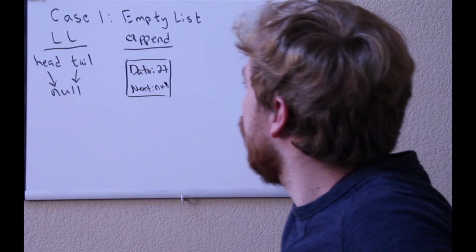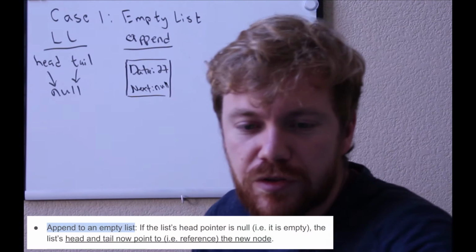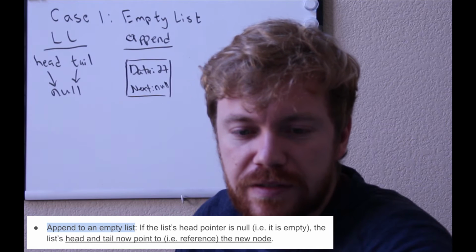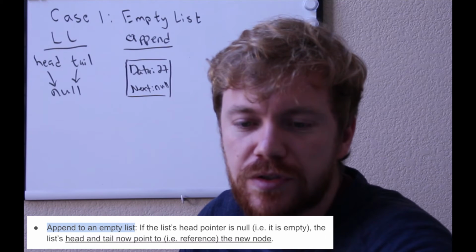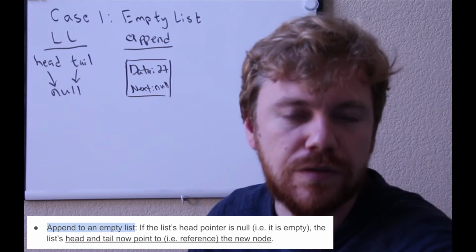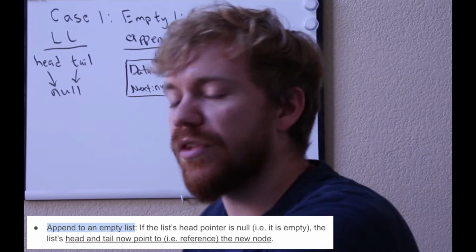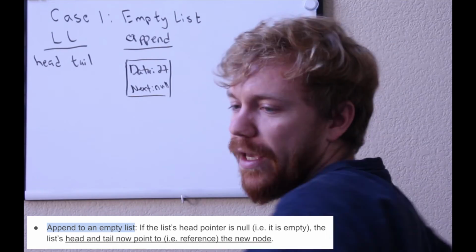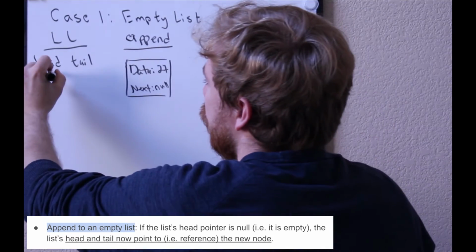Okay, so if we look at the description of how to append to an empty list, it says the list's head and tail now point to, or in other words, reference the new node. What this means is instead of referencing null, the head and the tail now reference the new node.